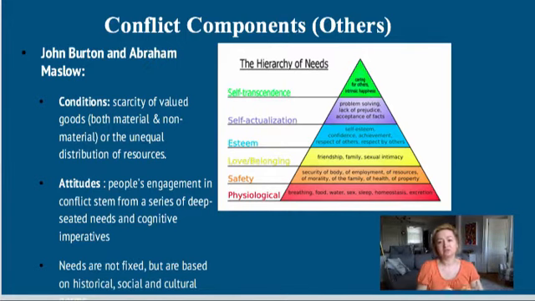These kinds of needs can be food, water, breathing, and so on. And then we have these higher level needs such as safety, belonging, self-esteem, self-actualization, and self-transcendence.